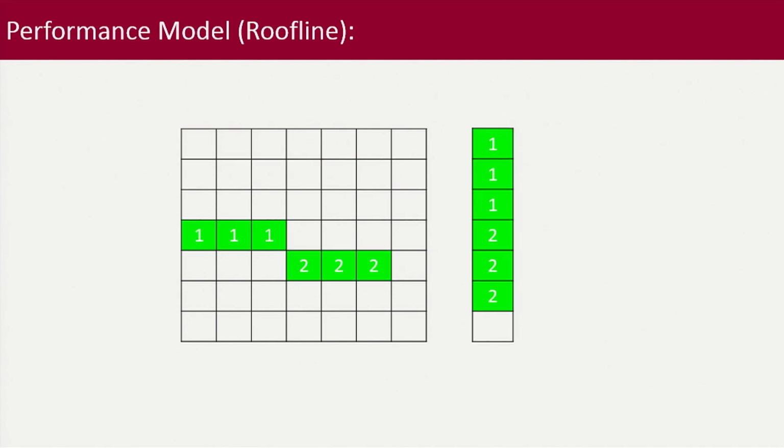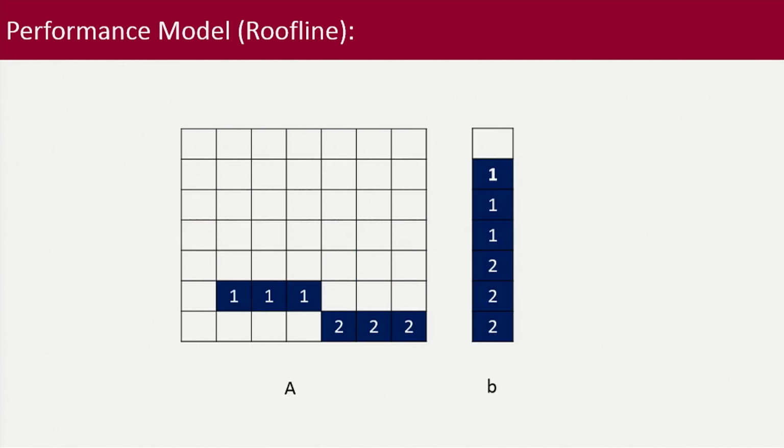By the time it comes to the next color, where it tries to reuse the elements in B which were already loaded during the operation on red colored rows, they are already evicted from cache. And this needs to be loaded again from main memory. This causes an increase in alpha factor, which directly reflects in higher data transfers and consequently lowers performance.